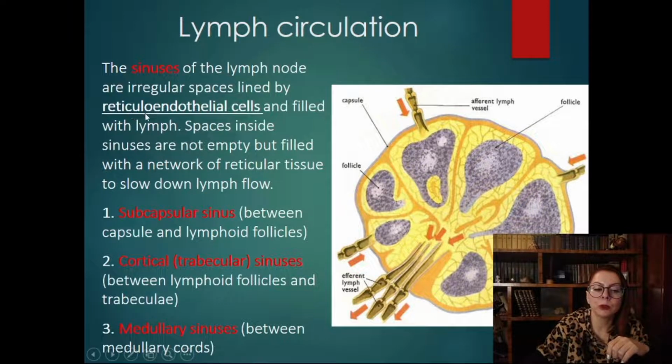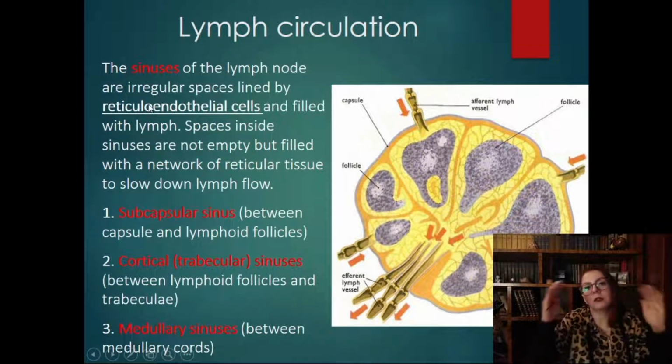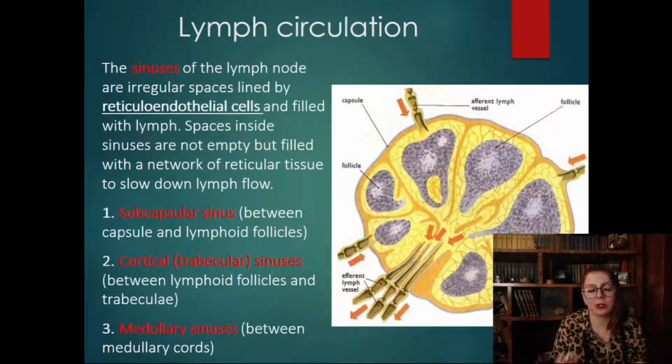Why are they called so? Because by their origin, they are part of reticular tissue, they are connective tissue. By function, they are endothelial, as they line spaces. That's why reticular endothelial.